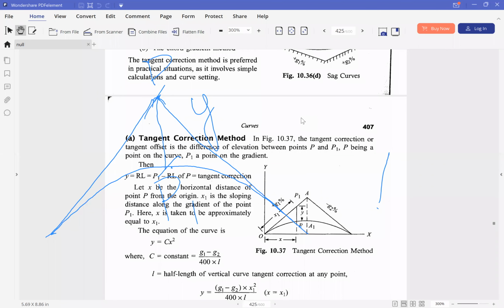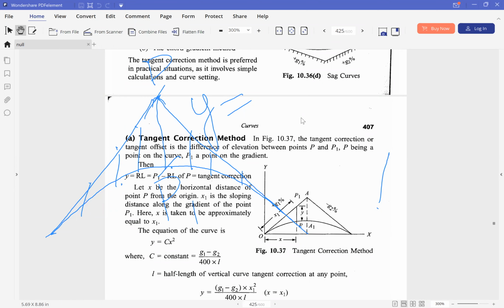So if we can somehow calculate this distance y, right, then at different points along the grade, at this point, this point, this point, if we can calculate this tangent correction, then we can subtract it from the reduced level of the corresponding point on the grade, and then we can have the corresponding point on the curve.